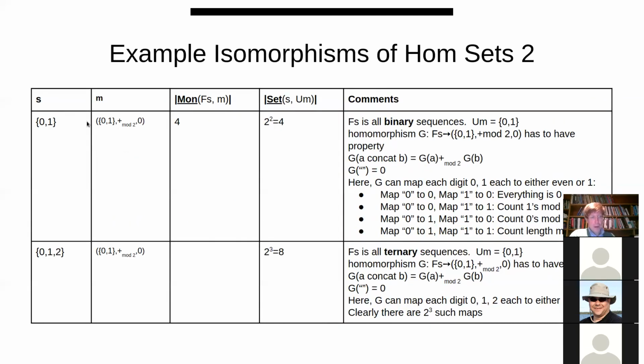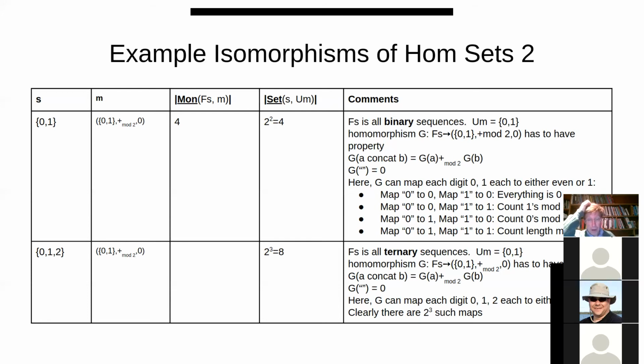So we could map 0 to 0 in the monoid, and 1 to 0, in which case everything gets mapped to 0. That's maybe not so interesting as a homomorphism, but it's always a possibility, and it preserves this property. We could map 0 to 0 and 1 to 1, and in a way you could think of this as related to counting ones mod 2, but it's a consistent homomorphism.